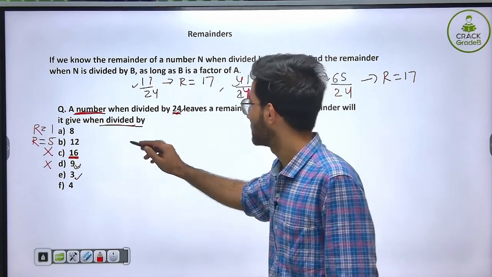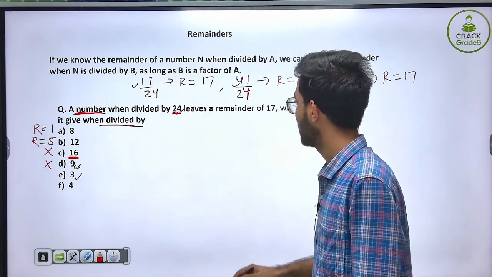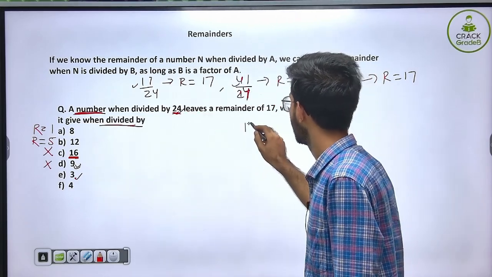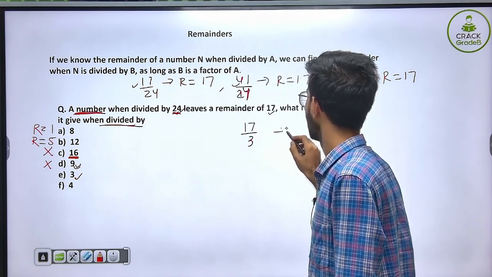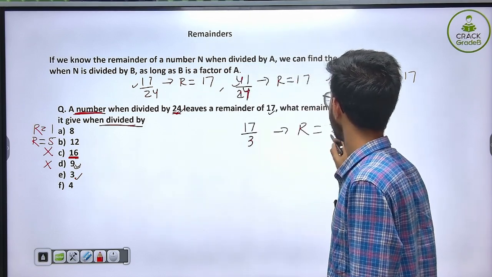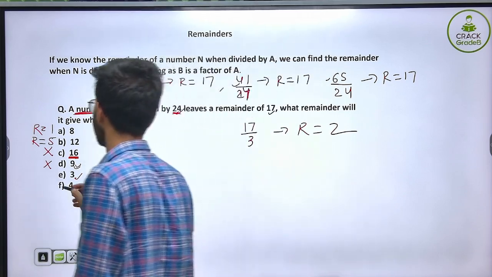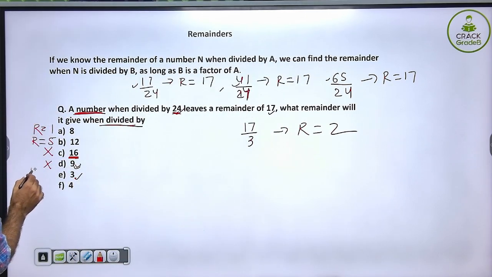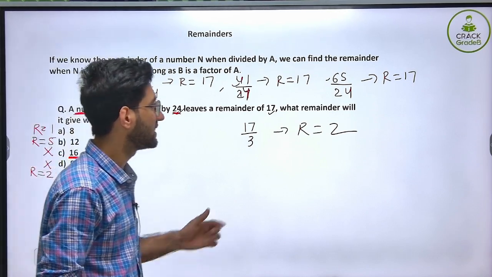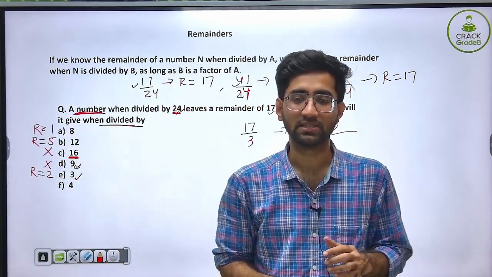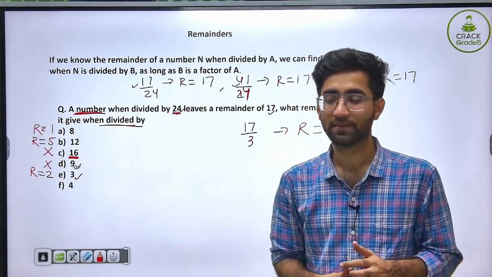If 3 is a factor of 24, you simply have to divide 17 by 3, and the remainder will be equal to 2. It means that if you divide that number by 3, you will get remainder equal to 2, right?